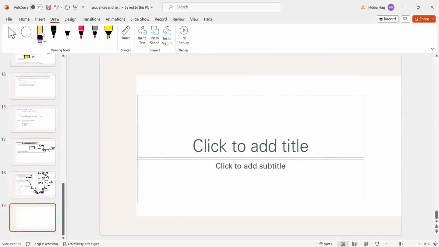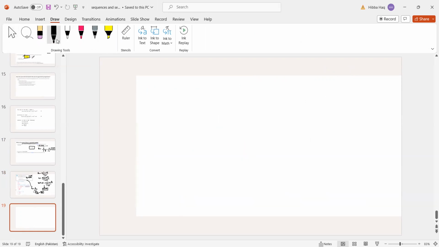Let's make a quick summary of what we've done regarding this. For your geometric progressions, these are the formulas that you need to remember. The first one is the term formula, an equals a r to the power of n minus 1.